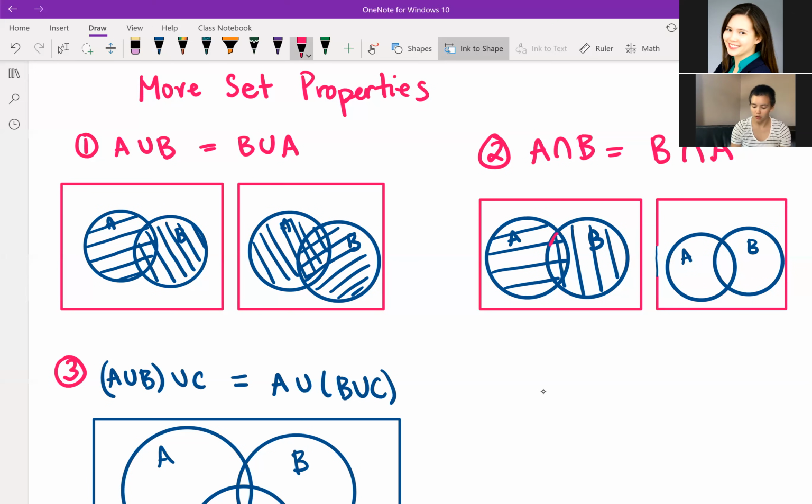So this is the only part that's shaded in twice, so this is A intersect B. And now if we do the exact same thing with B intersect A, let's shade in B, and shade in A. And again, we're looking for anything that's shaded in twice, and so we would end up with the exact same bit. So A intersect B and B intersect A are the same thing.